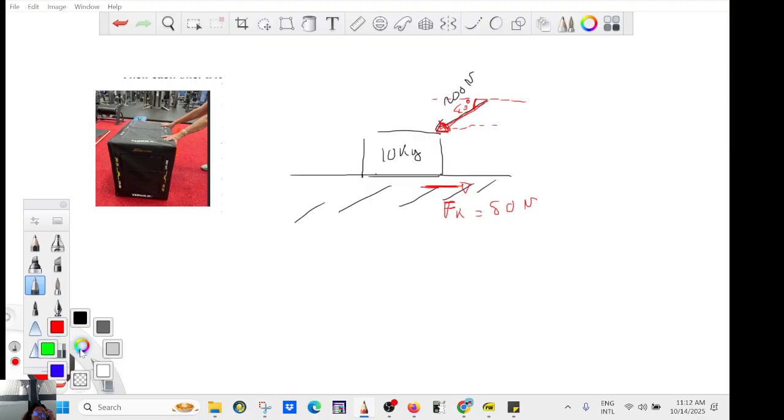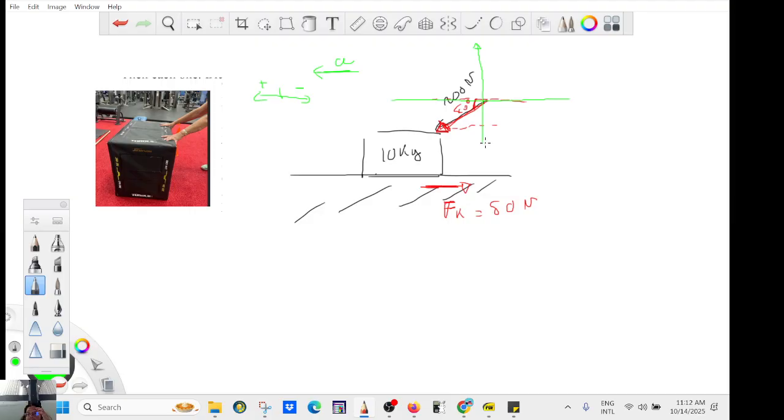Okay, so let's say it's accelerating this way. I'm going to take left to be positive because I like to have an acceleration along the positive direction. If you have issues with components, I hope you don't anymore.